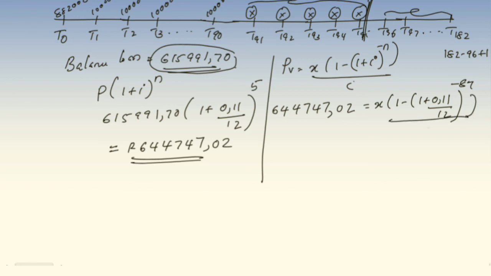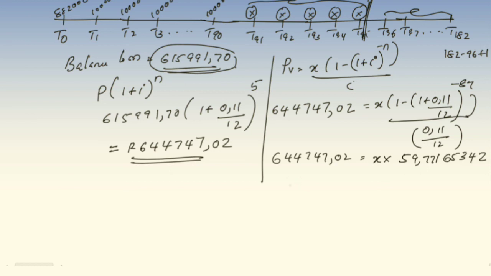Divided by I, which is 0,11 over 12. So 644,747,02 is equal to x times this bracket. When you do it, you will get 59,771 6534 2.